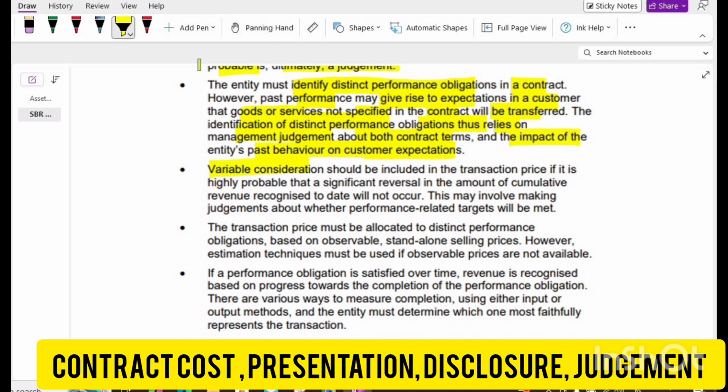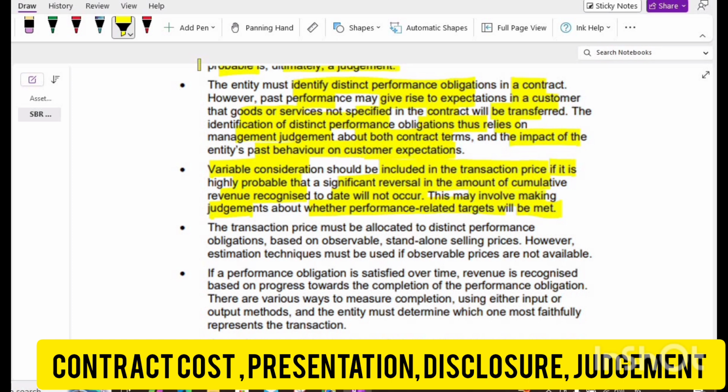Then you have here the variable consideration. Variable consideration should be included in the transaction price if it is highly probable that a significant reversal of the amount of cumulative revenue recognized to date will not occur. So this may involve making a judgment about whether the performance target will be met. This means that, when we were discussing variable consideration, if the price changes, like discounts or bonuses, the company must decide if it is highly likely that these changes would not significantly affect the revenue.